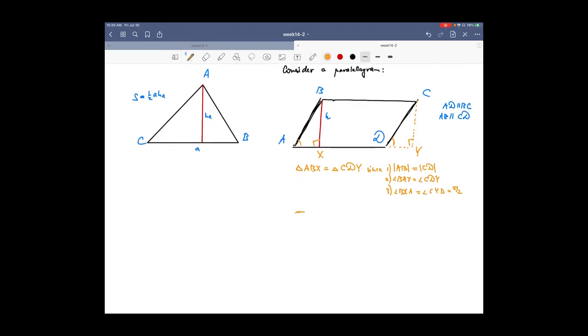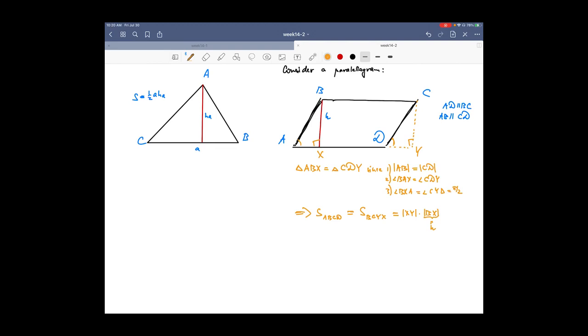So it follows that the area of the parallelogram ABCD equals the area of the rectangle BCYX, which of course is the product of two sides, XY times BX. BX is h.